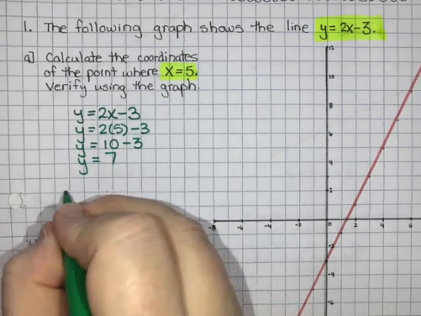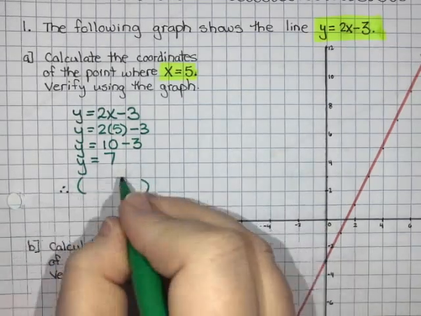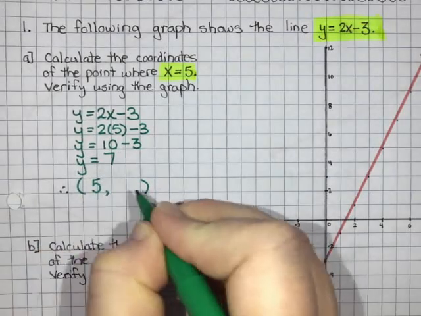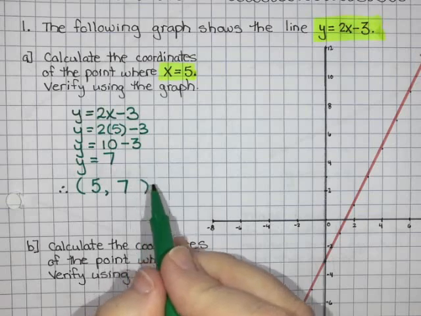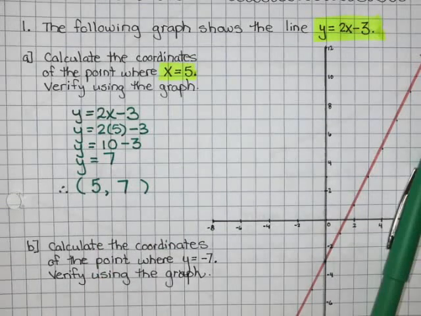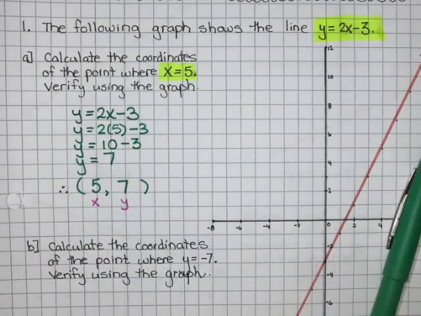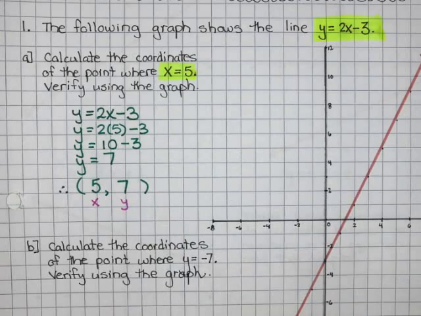So that means the coordinates of that point are going to be x, which is 5. X always comes first. And then 7, which is my y value. They should be in a bracket, and they should have a comma in between them, because that's the proper format for a point. So I've got (5, 7).